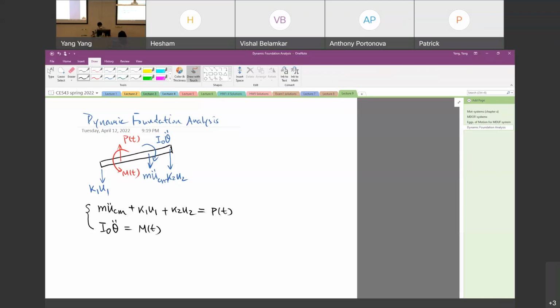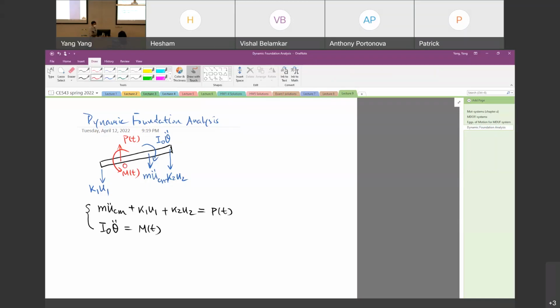My question for you is, here we are taking the moment about the point where the motion is. We call it point O. So we consider the moments at point O. At point O we have a moment mt, and we have a moment I sub 0 times theta double dot. Are there any other moments?